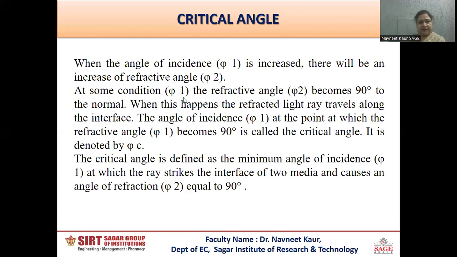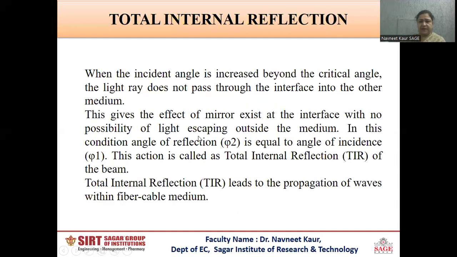Now, we have already discussed that when the angle of incidence is increased beyond this critical angle, the angle of refraction will be increased beyond 90 degrees, and the light ray will be propagated into the same medium. This forms the principle of the propagation of light in the optical fiber. This process is known as total internal reflection of the light beam.